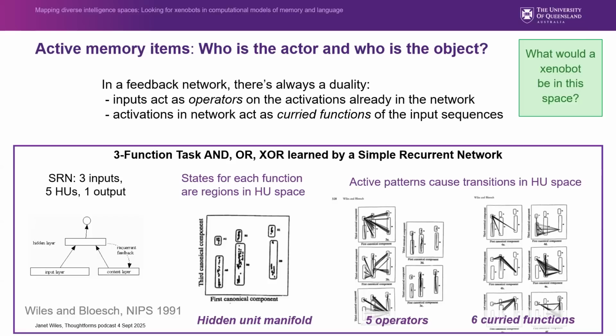Would the rest of the hidden unit space actually force attractors towards the hidden unit manifold that we see already? Or would there be additional attractors that we could discover in that space? The other way you can think about it is, rather than starting from one of the canonical positions, you could start from anywhere in the hidden space and ask what happens. And then, of course, you can combine them with real valued inputs exploring parts of the space.